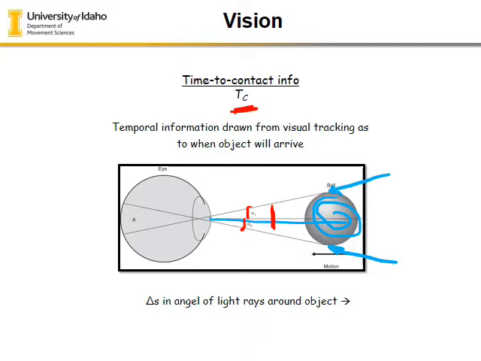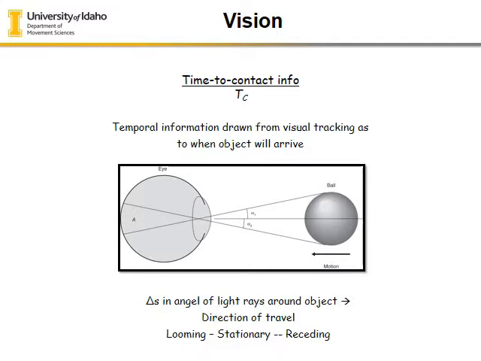Basically, the information drawn from the visual tracking gives us information about the temporal component of when the ball will arrive at our location. We're going to refer to this as time to contact, T sub C for time to contact.